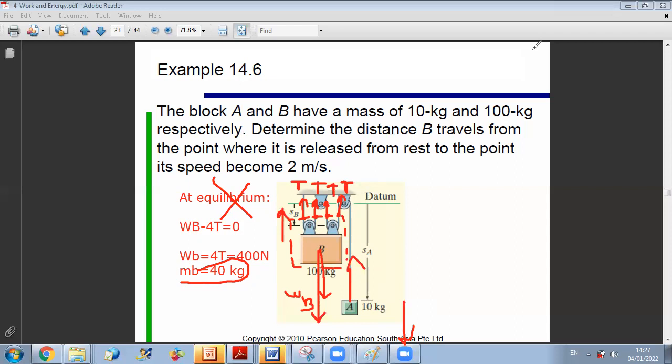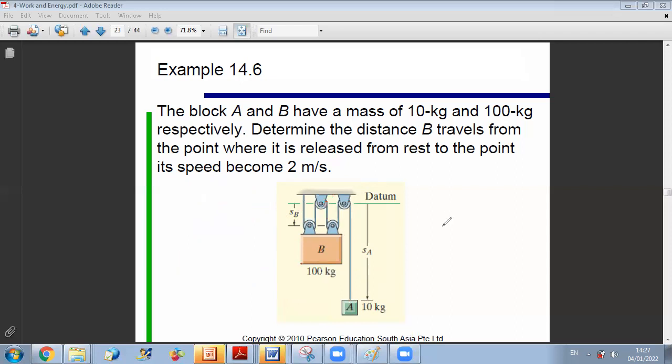So the equilibrium state will tell you the limit. For 40 kilograms I have equilibrium. For a mass larger than 40, B will be dominant, it will move down and A will move up. While for a mass lower than 40, B will move up and A will go down.